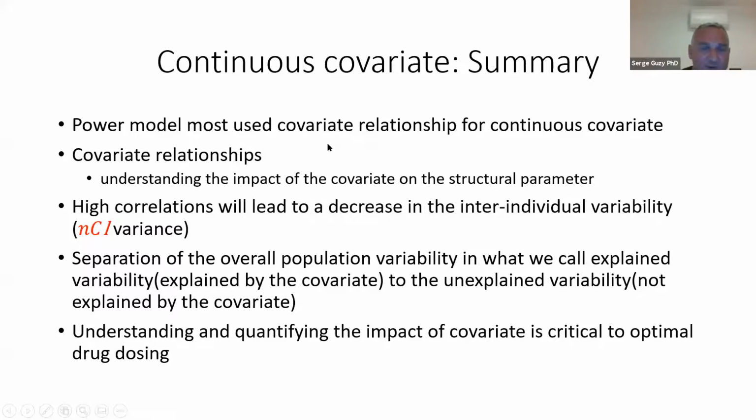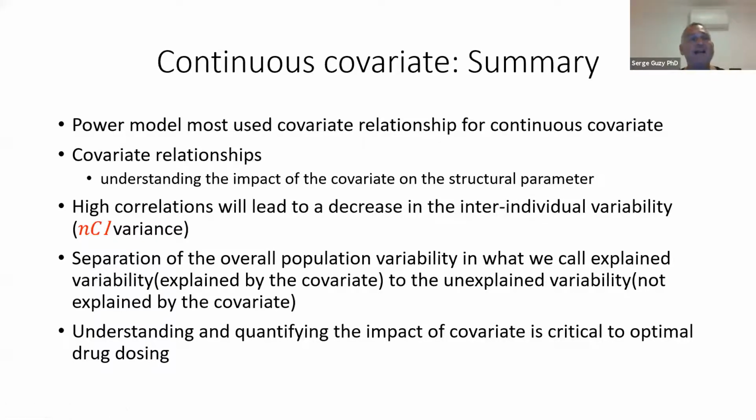But that's the traditional one, the power model centered around the mean. Now you could ask why should I use a covariate relationship? Although I'm interested in the population, sometimes I want to know why the patients are different.